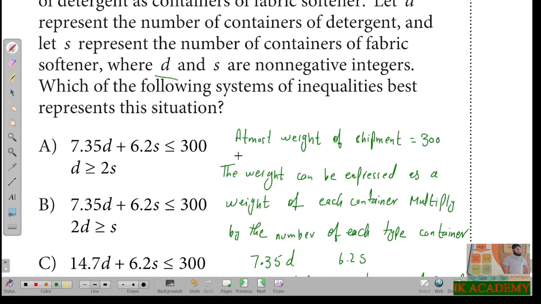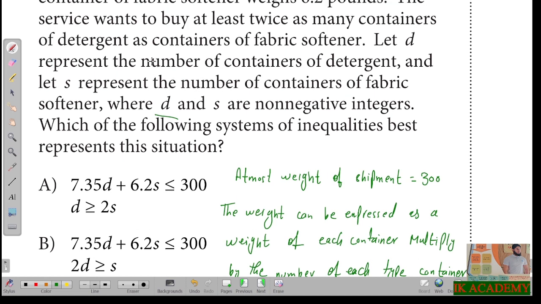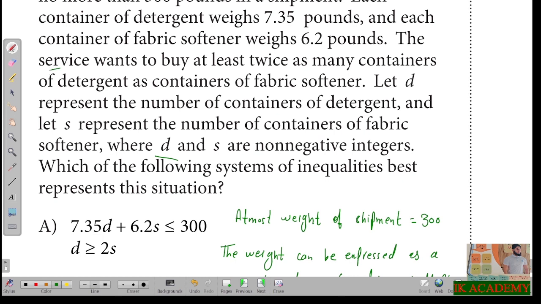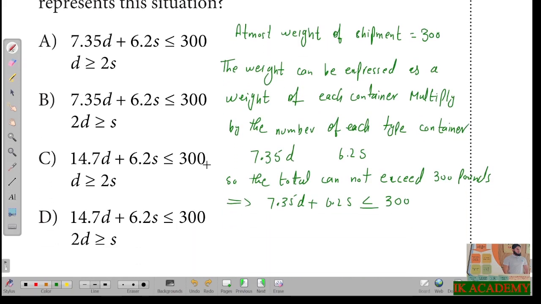And also there was a condition in the question that the service wants to buy at least twice as many containers of detergent as containers of fabric softener. So we can also write down the condition here.